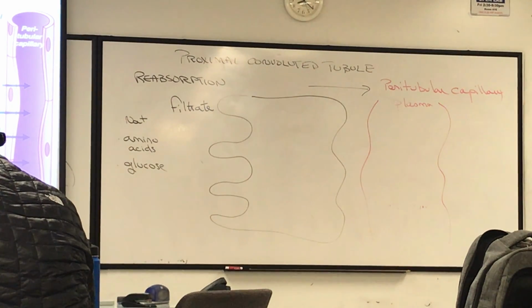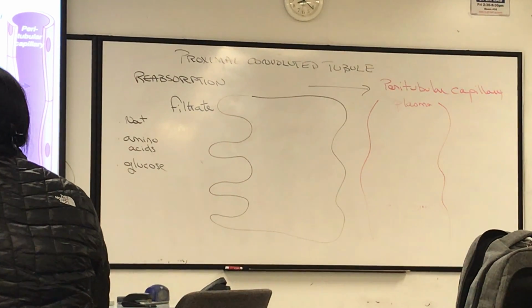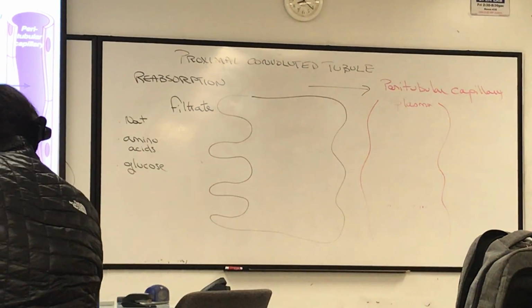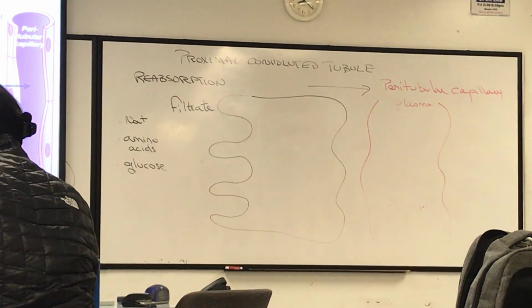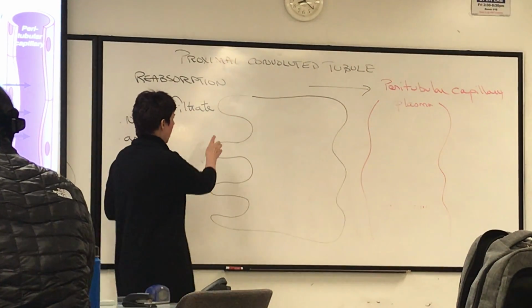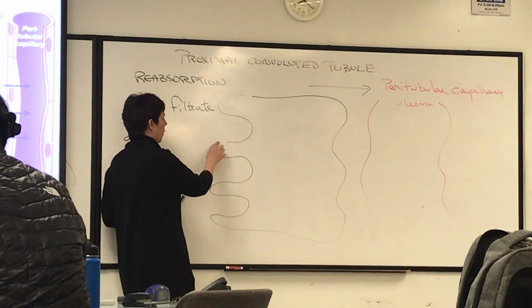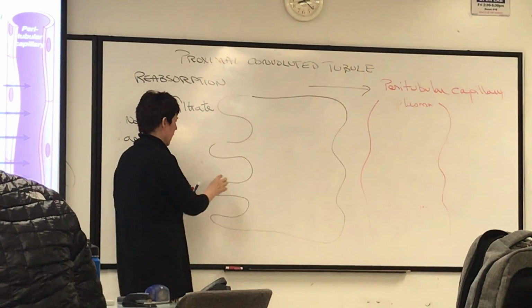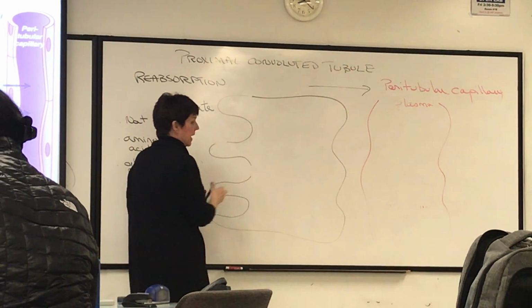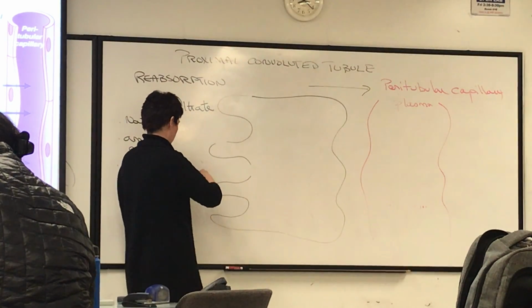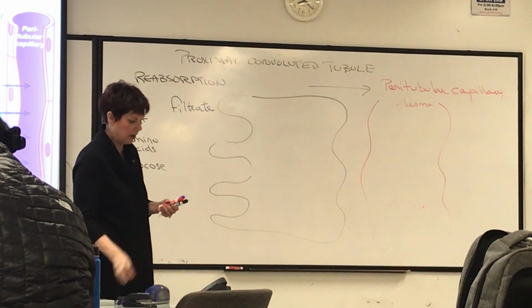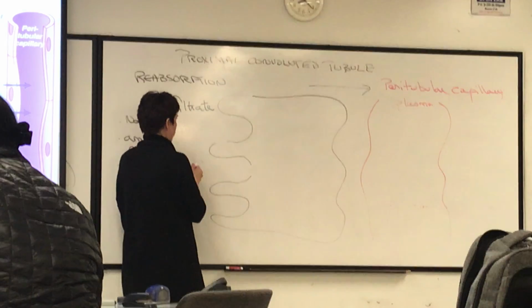So these are the structures that are listed over here, and these first three are what we're going to focus on. Now, on the microvilli, we have various protein channels, and the process we're going to talk about involves sodium.